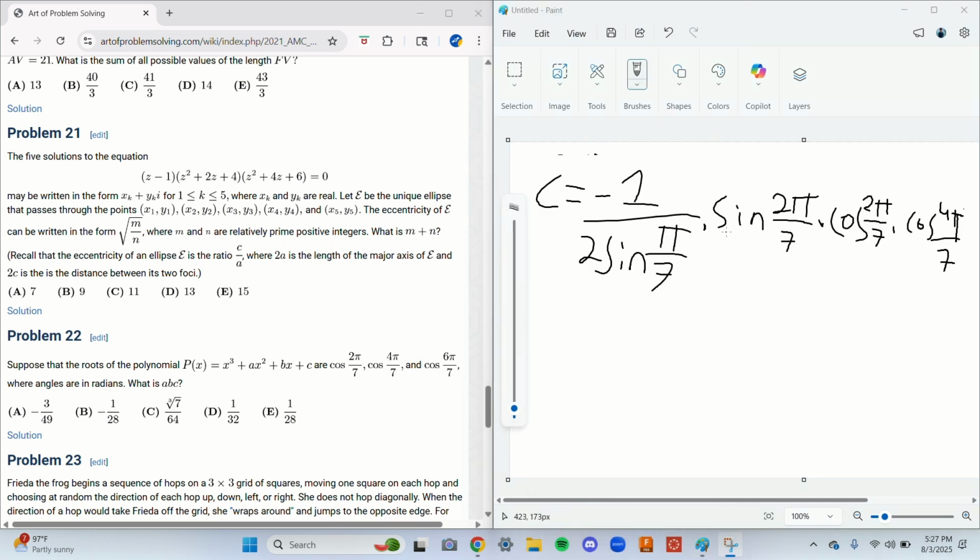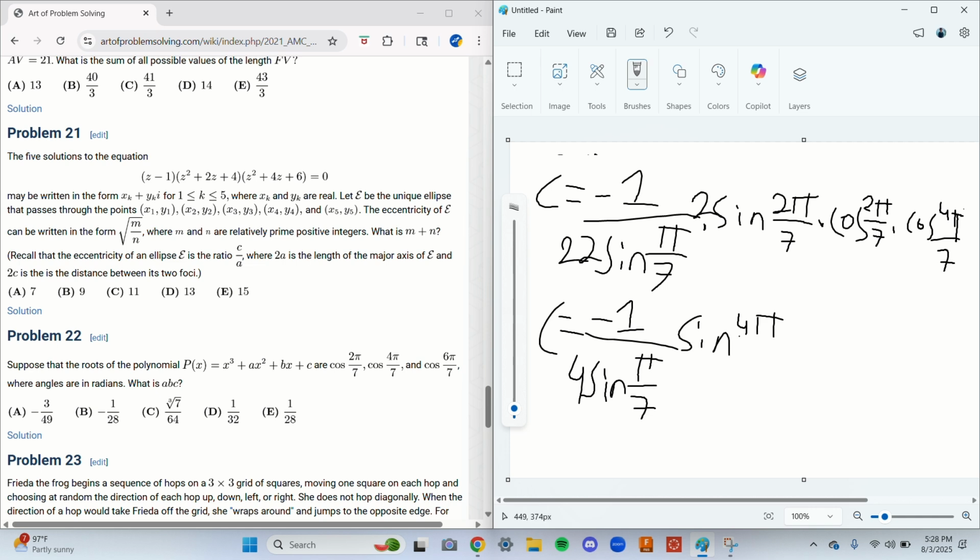Okay, so we already have a sine of 2 pi over 7 cosine 2 pi over 7, so we can multiply by 2 here and divide by 2 here, and then we'll get c is equal to negative 1 over 4 sine pi over 7 times sine 4 pi over 7 cosine 4 pi over 7. And then again, we have two of the same angles, so we'll multiply here and divide here.